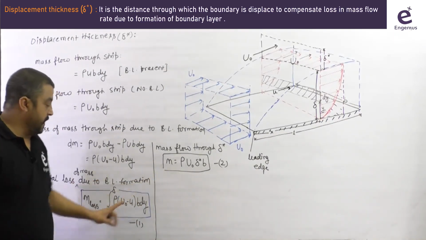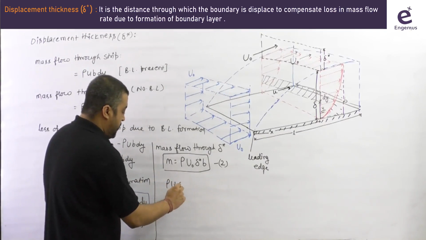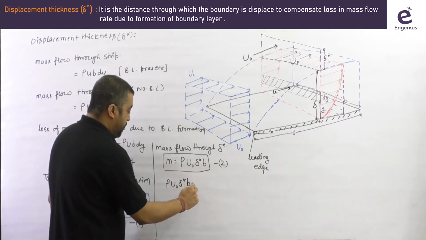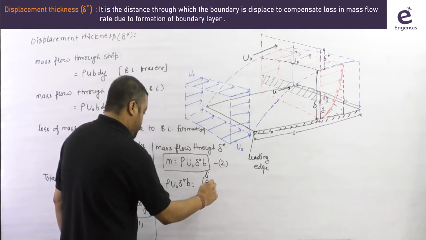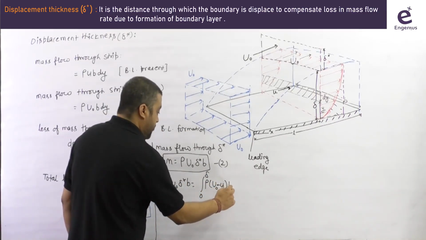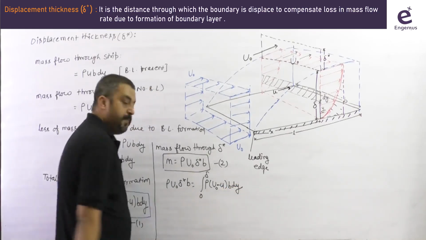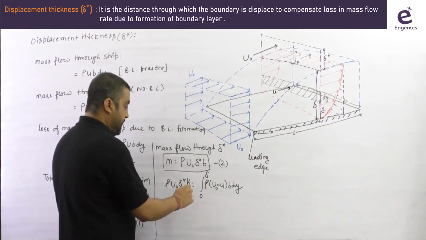So let's equate these two. By equating these two, you can write rho u naught delta star b equals the integral from 0 to delta of rho (u naught minus u) b dy. Rho is the same here, so rho is out, this is constant. b is the same here, so b is out.